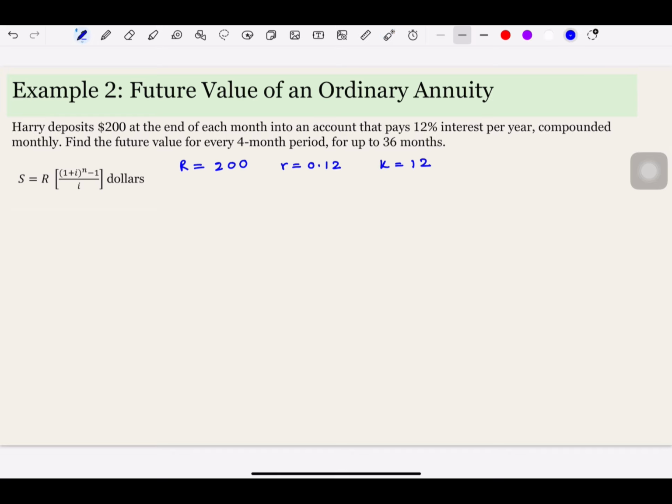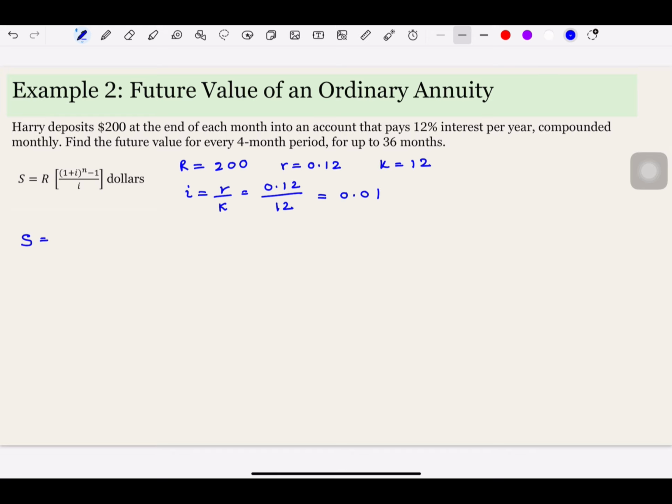First of all, let's try to get my i. So i is the interest rate per period. So to get that, you have to divide r by k. So you have to divide 0.12 by 12. That will give you 0.01. So let me rewrite my formula.